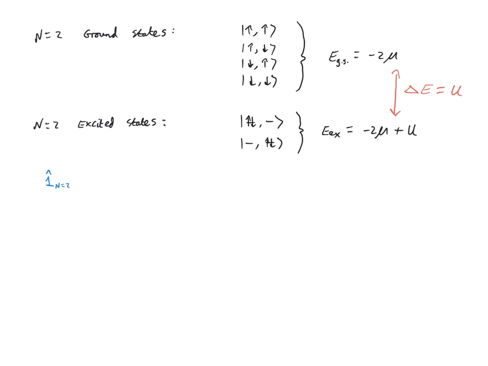I will decompose that into 2 projectors, which I'll just call P and Q. Again, these are still, of course, in the n equals 2 subspace. P will be a projector onto the ground states.